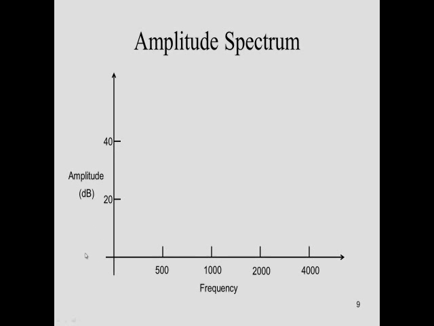Amplitude can be recorded in terms of decibels, frequency again in terms of hertz. Recognize that this graph, like so many others you have experience with in your life, is just a depiction of some value on the y-axis as a function of some value on the x-axis.